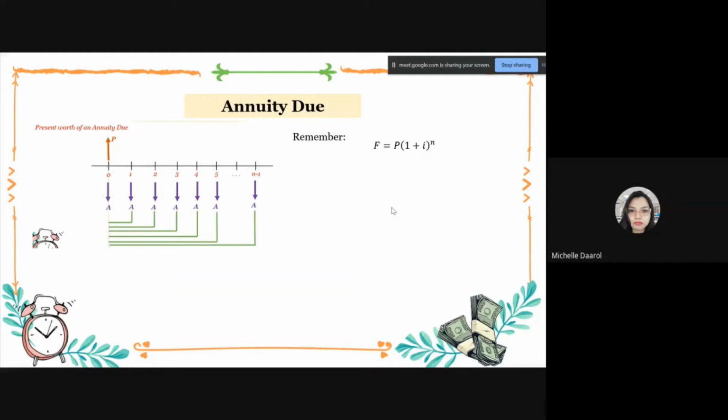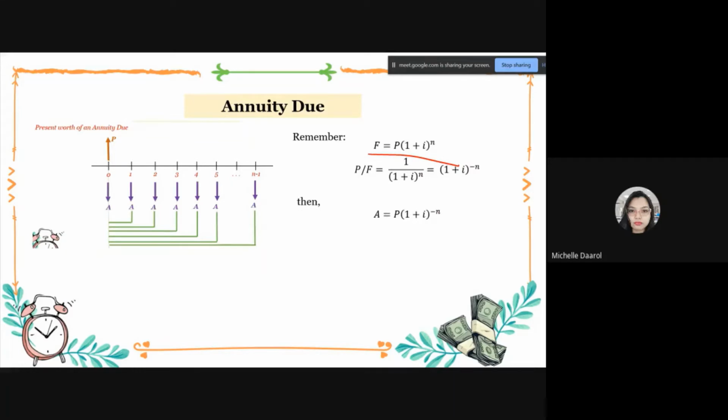This is the general formula for compounding. Therefore, if we solve for P over F, that is 1 over 1 plus i raised to n, or if we move the exponent, it becomes 1 plus i raised to negative n.